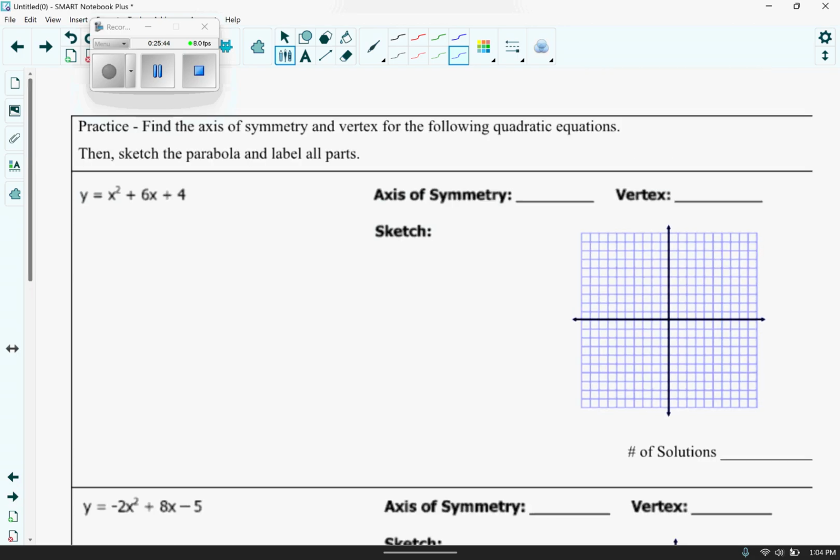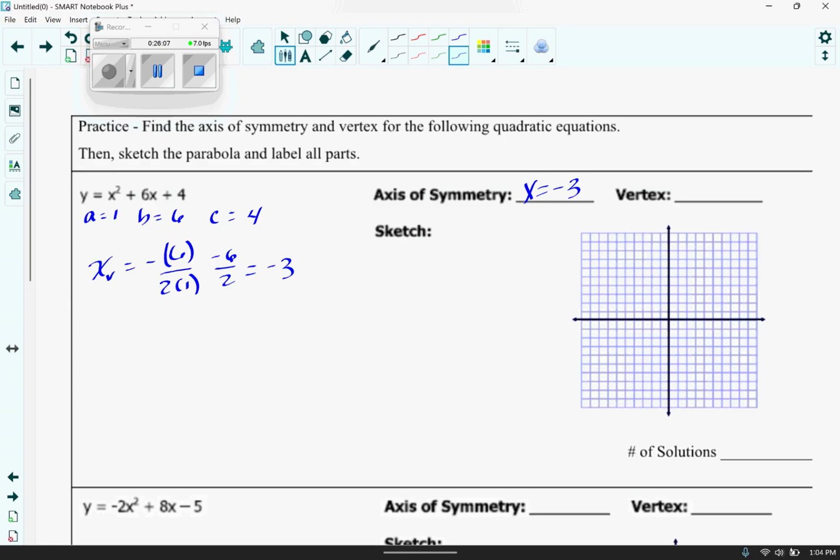The first one, axis of symmetry. So we're going to go a here is 1, b here is 6, c here is 4. So x of the vertex is negative b over 2 times a. So I've got negative 6 over 2, which gives me negative 3. So x equals negative 3.